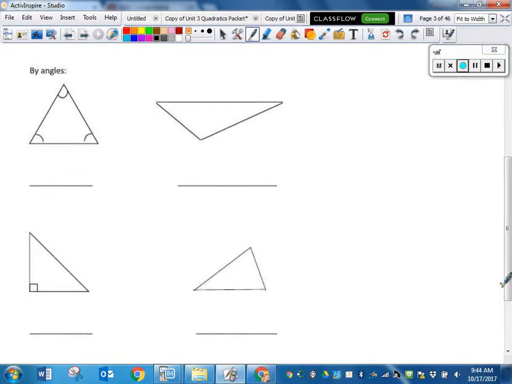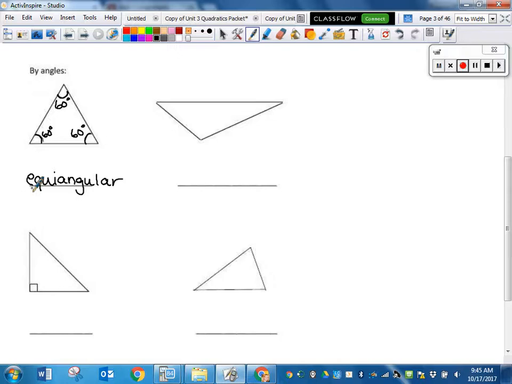All right, now classifying by angles. When all three angles are congruent, we call it equiangular. And we also know that the sum of the angles of a triangle adds up to 180, and if they're all equal, that would mean this would be a 60, 60, 60 triangle.